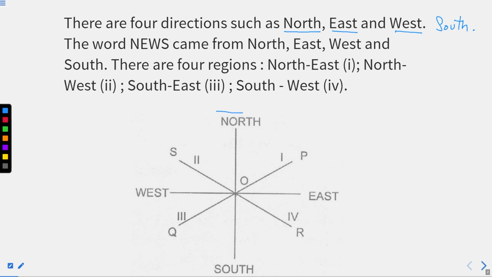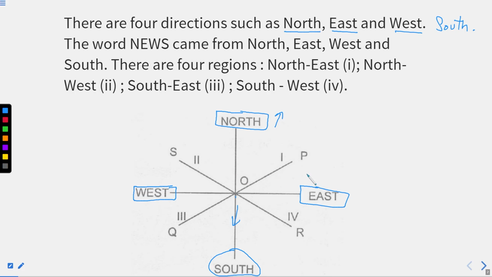This is the north direction in the upward direction, and opposite to which will be the south direction, that is here, right? Now when you are facing upward, the right hand side will be the east direction for you as per this diagram, and the left hand side will be the west direction, right?